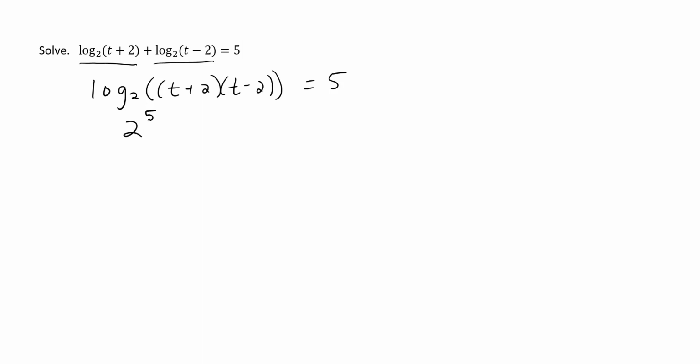2 to the 5th equals t plus 2 times t minus 2. Now I'm just solving this equation with algebra. So I can multiply the right side. That'll be t squared minus 4 when it's multiplied and simplified. 2 to the 5th is 32, and so I can subtract 32 from both sides.